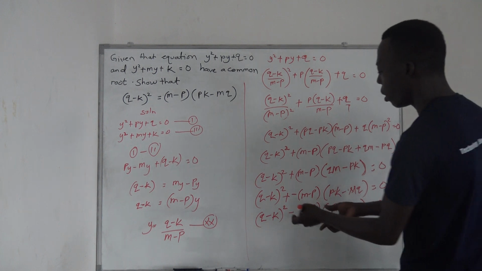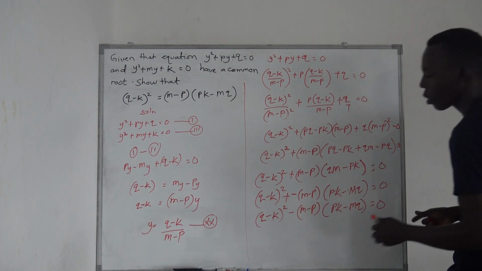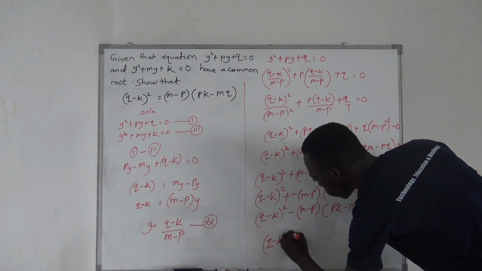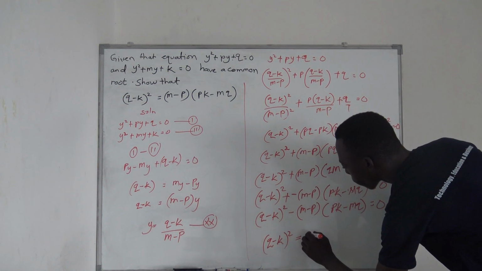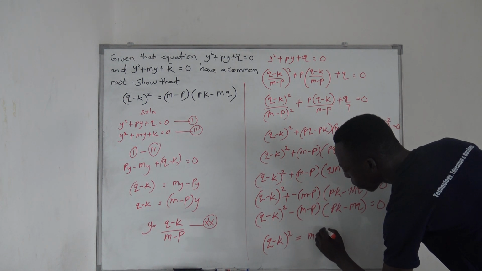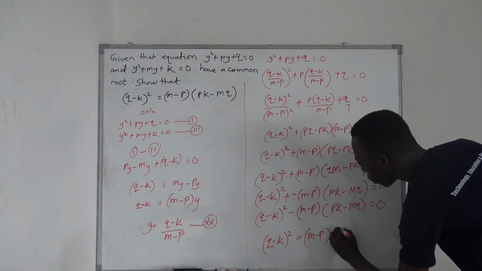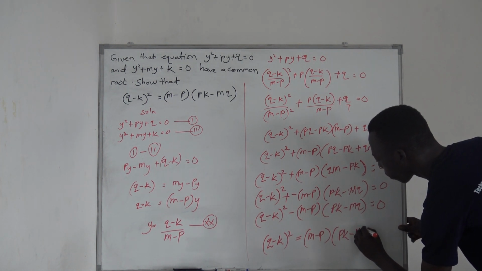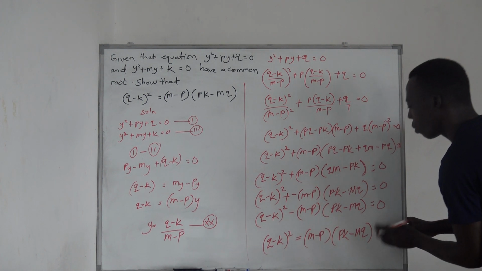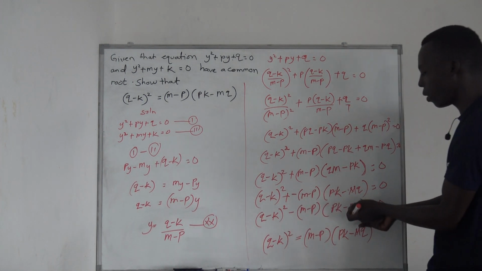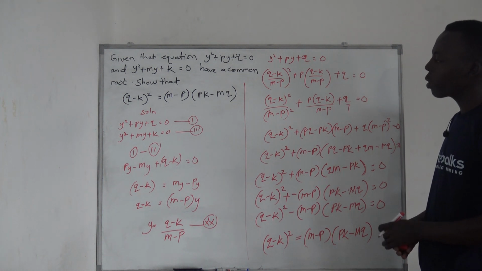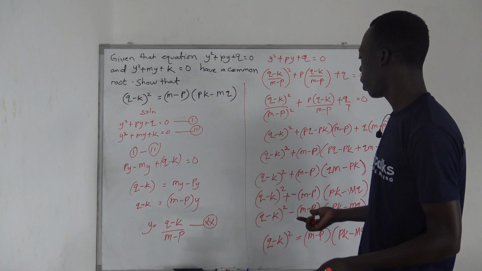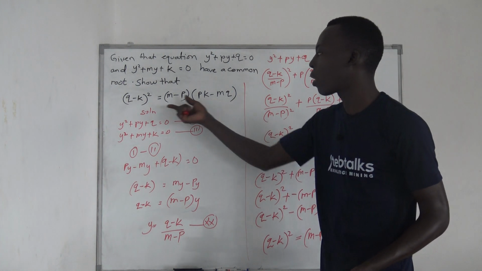What I do, I bring everything which is here, I take it to the other side, so I will have that q minus k, everything squared, equals m minus p, then times pk minus mq. So I've taken everything which is here to this side. So that's what we shall have after the end of this expression, by showing this one is equal to that.